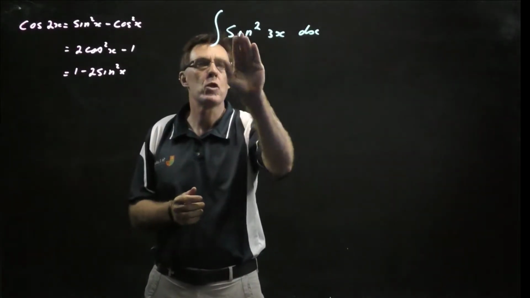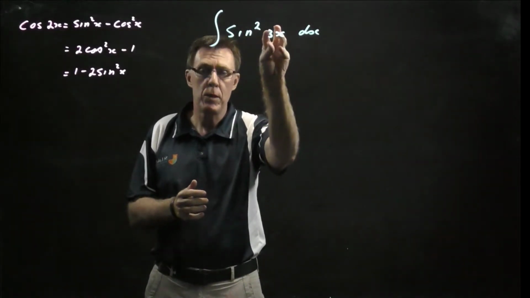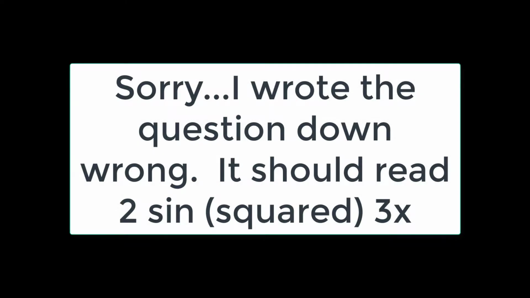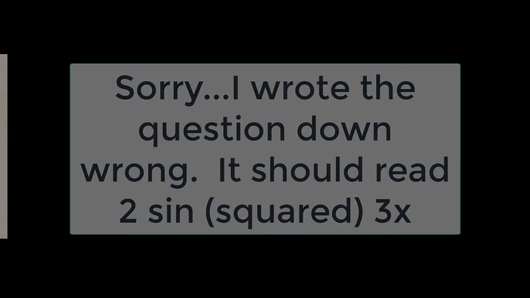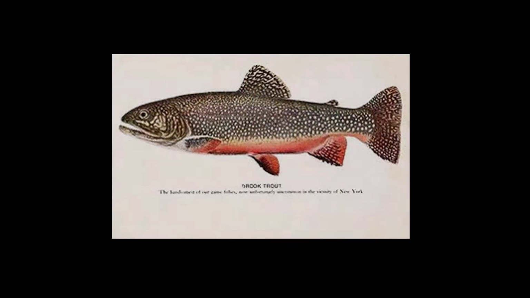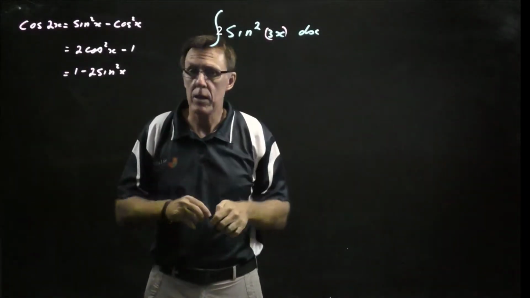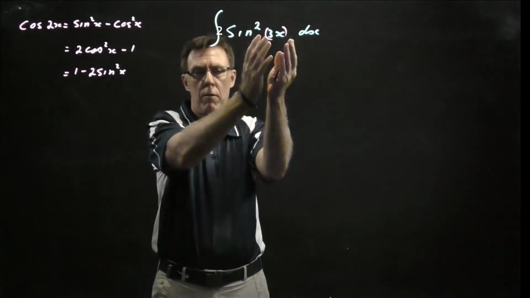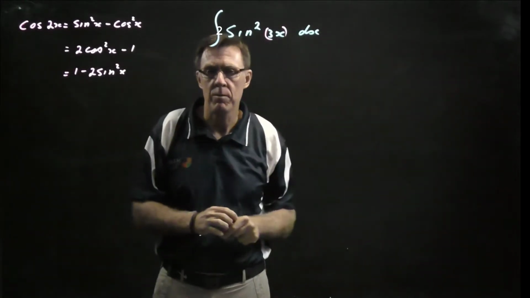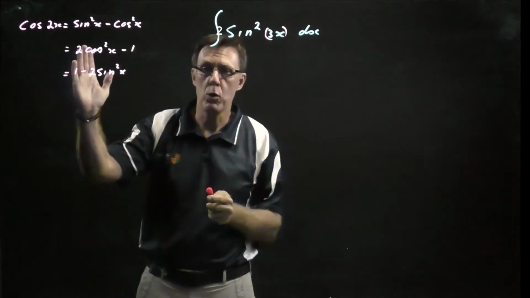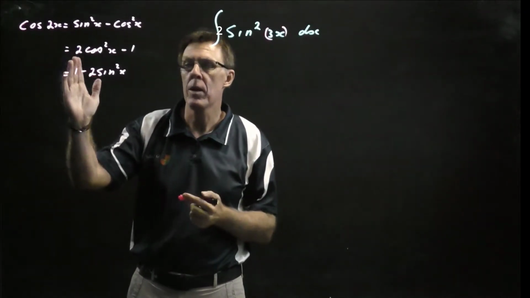So what I have here is I have sine squared of some particular angle. Sure, the angle might be a function, but it doesn't really matter. It's still sine squared of ultimately an angle. So I go over here to these multiple angle formulas that we've started with.